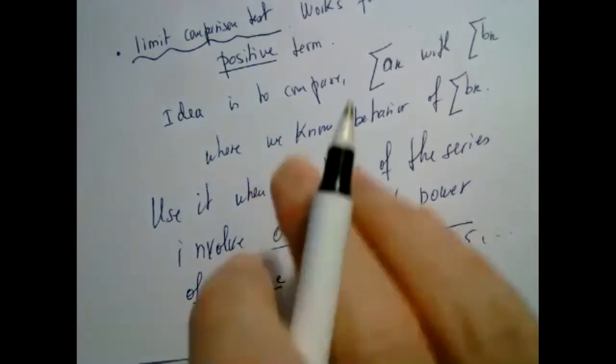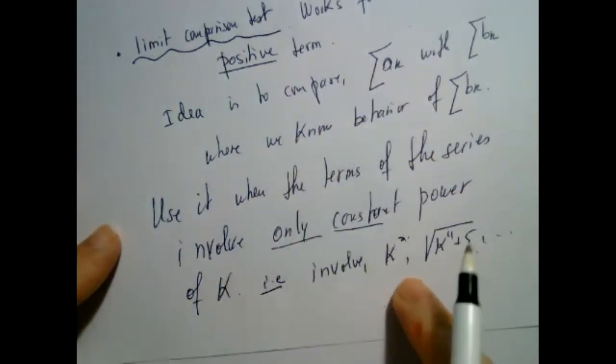Then we have the other test. So that's the limit comparison, and that's an important thing to keep in mind. And then we have the ordinary comparison test. This is hard to use because this time you have to build an inequality.